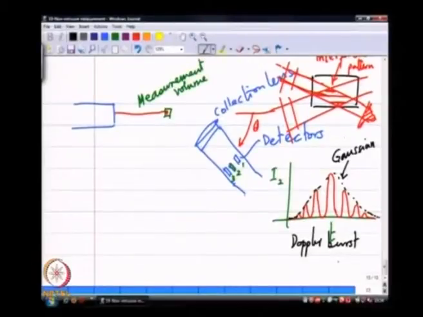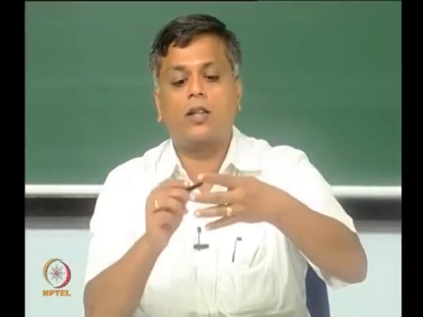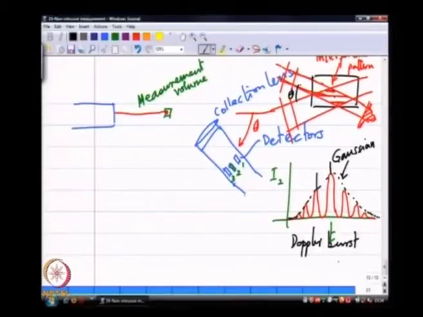And if I know the fringe spacing, which is this part in space. These are perfectly equally spaced interference fringes, where the fringe spacing only depends on the wavelength of the light and this angle of incidence. So, this theta and lambda, the wavelength of the light. If I know the fringe spacing and the time separation delta t between one peak in the Doppler burst and another peak in the Doppler burst, we are able to then calculate the velocity.